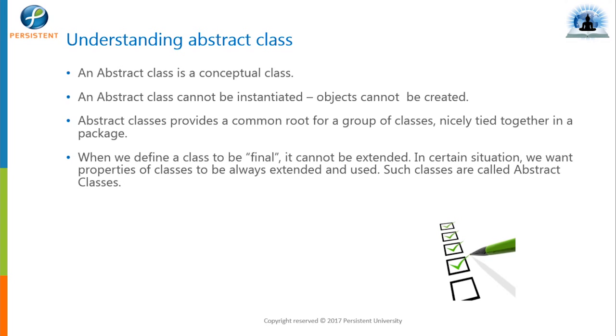Let's implement and see how we can create abstract classes, how we can create abstract methods inside the abstract class as well, and we'll talk about the rules as well. As you can see on the screen, abstract classes cannot be instantiated, objects cannot be created.